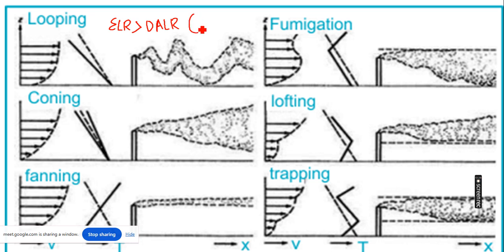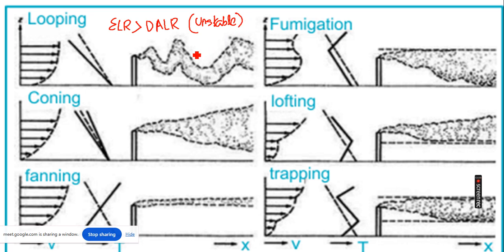So can you tell me if the atmosphere is stable or unstable? If the environmental lapse rate is greater than the dry adiabatic lapse rate, is the atmosphere stable or unstable? Yeah. So this basically represents an unstable condition of the atmosphere.